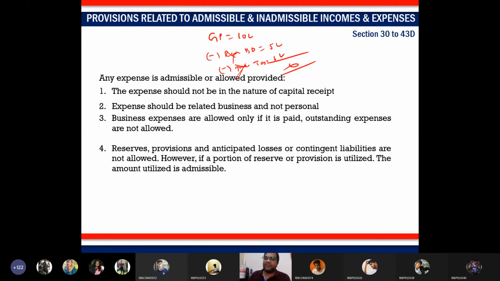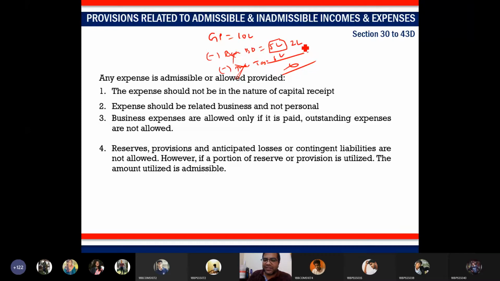But there is one clause, and the clause says that, okay, you have created a reserve of 5 lakhs for bad debts, right? In that, what is the actual bad debt? Let's say in this 5 lakhs, which we are doubtful whether we will receive or not, actually only 2 lakh rupees worth of loss we have incurred.